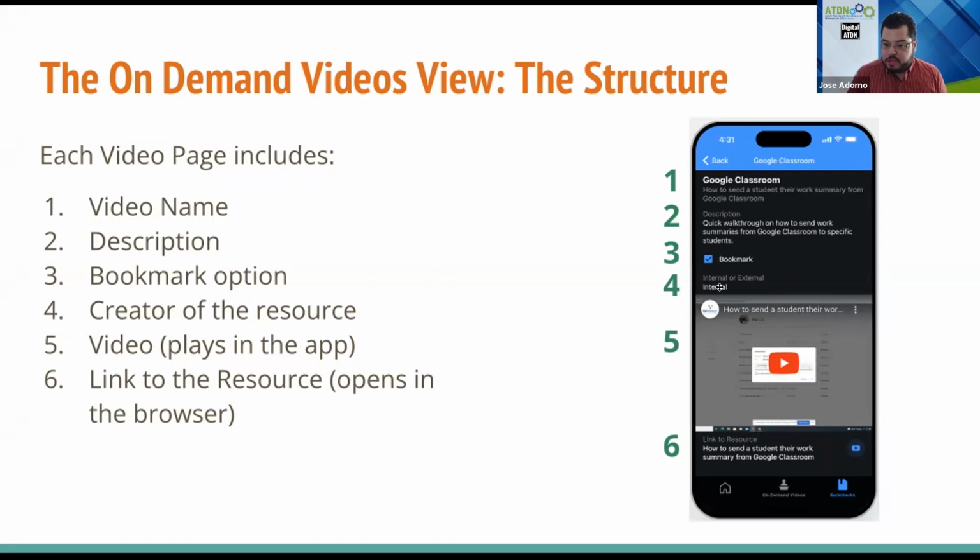The creator of the resource: if it's internal, it was a video that we did, and if it was external, it usually goes to a YouTube channel, whoever posted it. And then the link to the video, which is right here, and the link to the resource. When you click on the link, it takes you to a page in a browser.